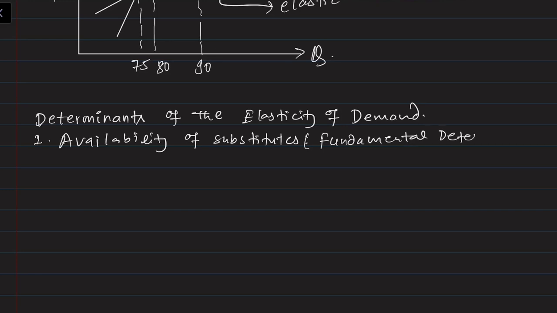Why am I saying so? Because all other determinants are derived from, or based on, this determinant, availability of substitutes. They are somehow related to it.